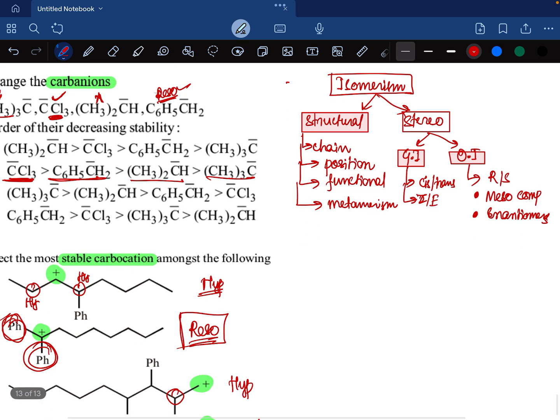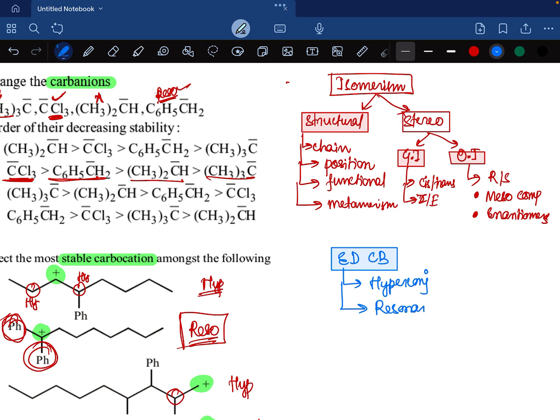Then electronic displacement in the covalent bond. In electronic displacement for covalent bonds, we have seen today questions related to hyperconjugation, resonance questions, and inductive effect questions.